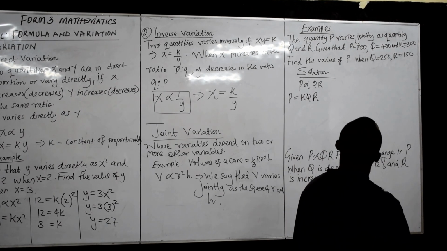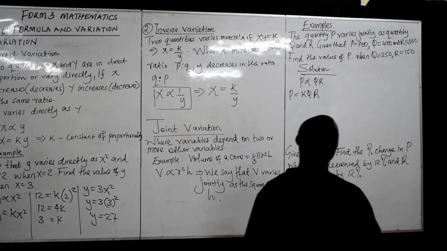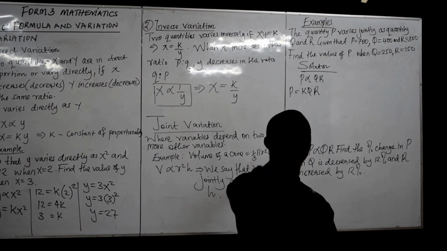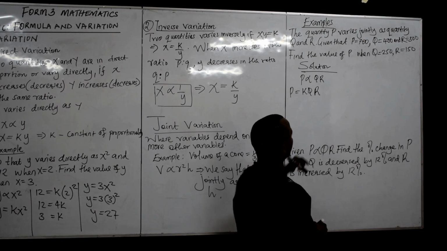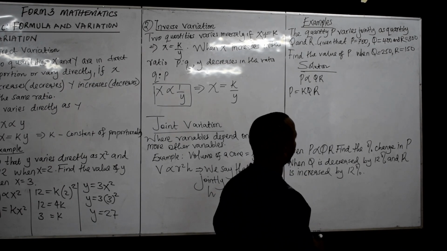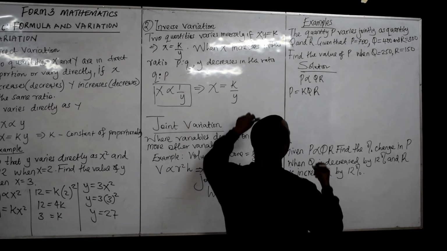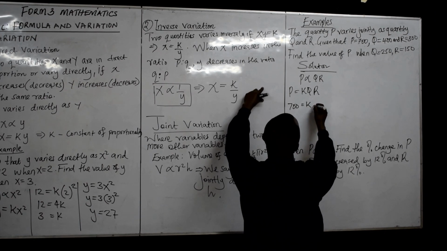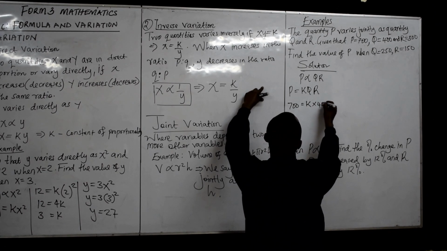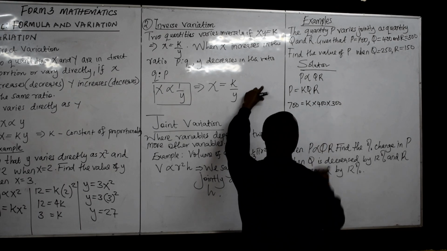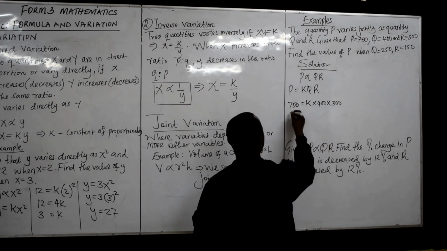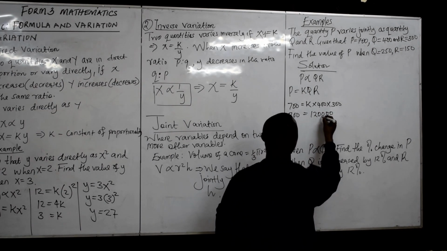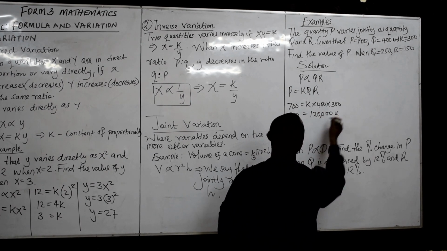So given that p is 700, q is 400, and r is 300, from that statement we'll be able to find the value of k and get the equation connecting p, q, r. So we substitute: p is 700, q is 400 and r is 300. So we are going to have 700 equals 120,000 k.